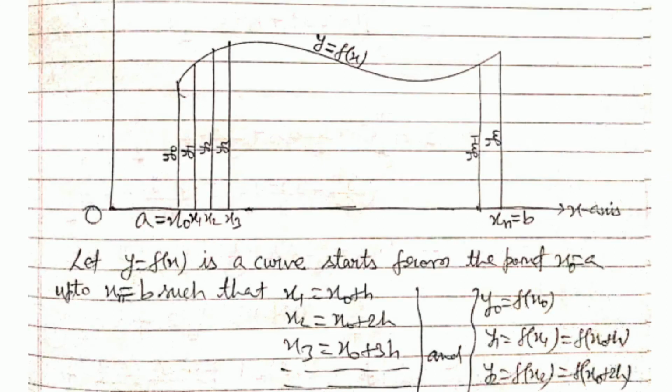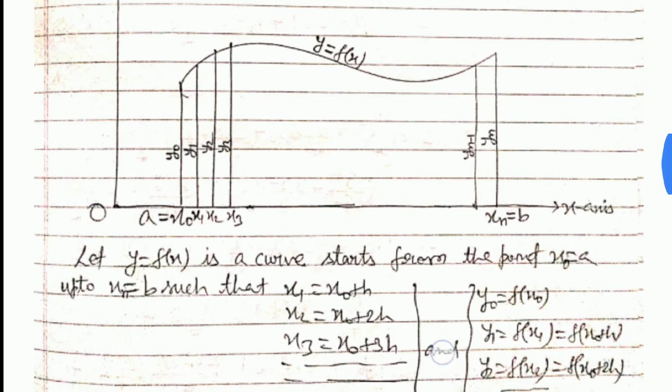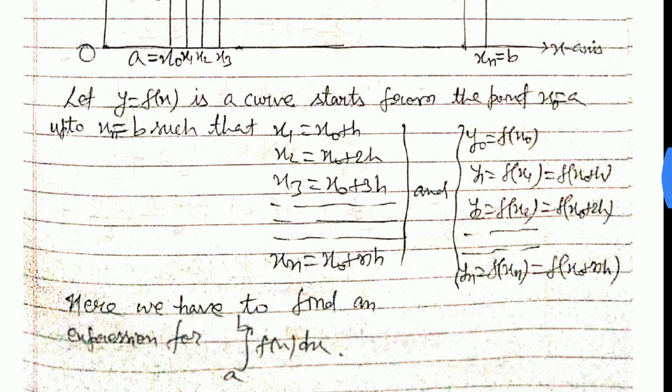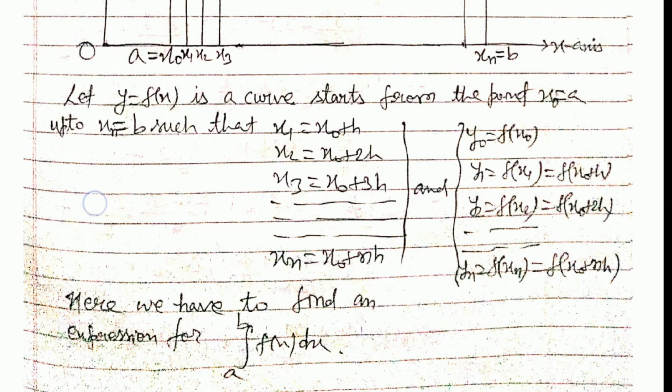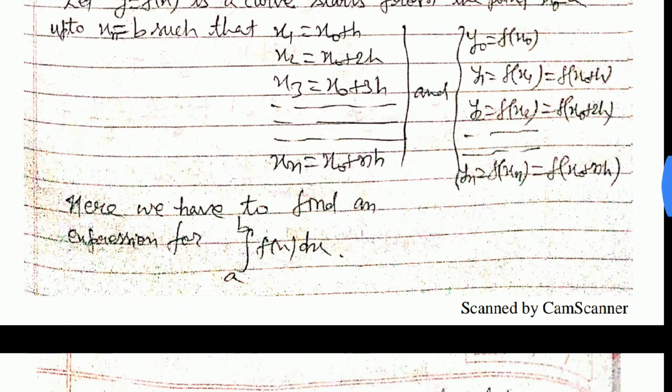Then we write x1 is equal to x0 plus h, x2 is equal to x0 plus 2h, x3 is equal to x0 plus 3h, and so on. So xn is equal to x naught plus nh. Here we find an expression for this function which we have to integrate from a to b.